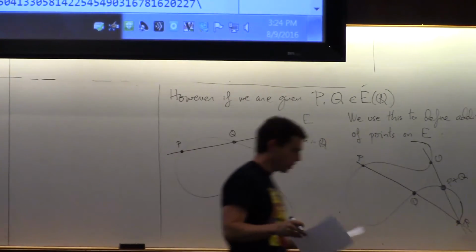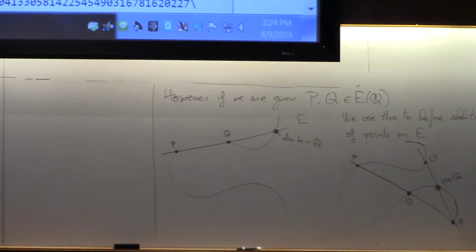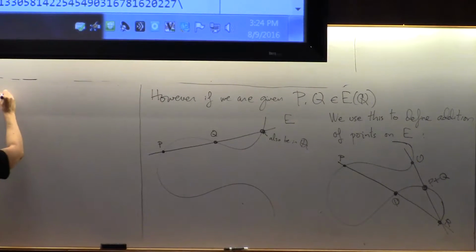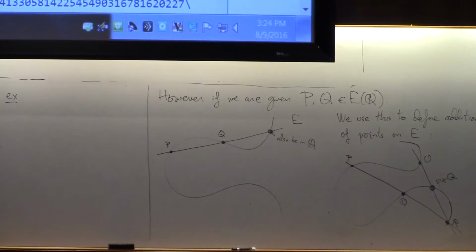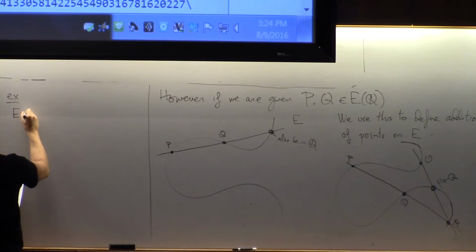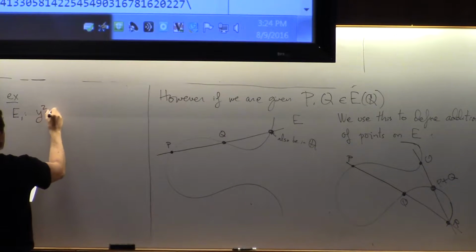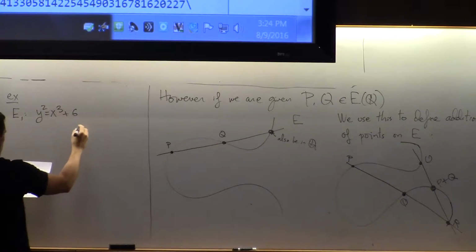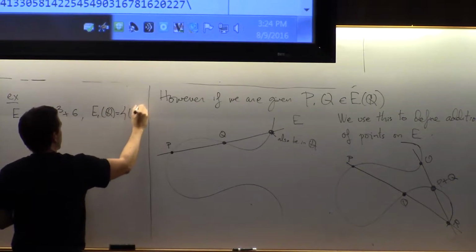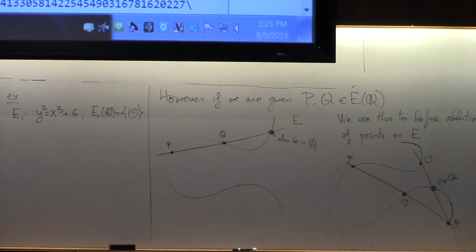So what kind of examples of elliptic curves can we find? As I said, we really like elliptic curves because of the richness of the answer. We can have elliptic curves such as this one, where there are no rational points other than the point at infinity.